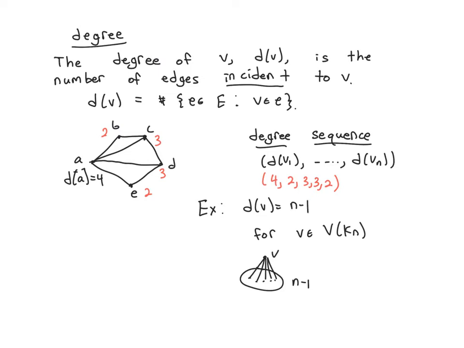The degree of any vertex in a complete graph is n-1. So the degree sequence for a complete graph would just consist of seeing the number n-1 over and over n times. So for instance, the degree sequence for the complete graph K4 would be 4 threes.